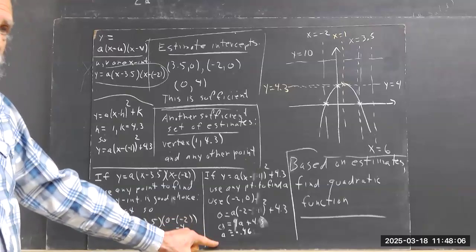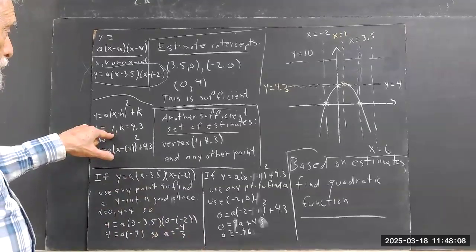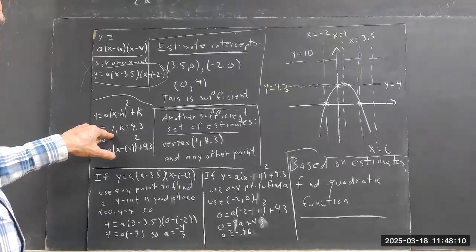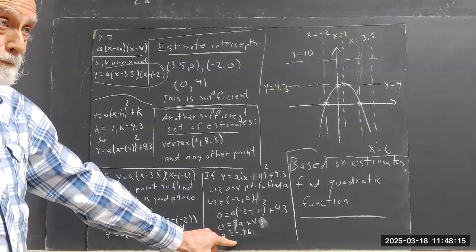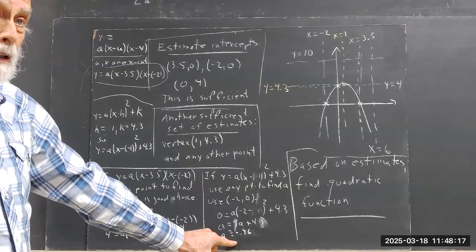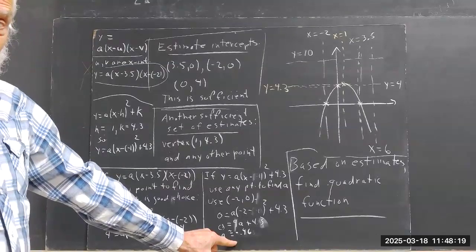So again, I made a little bonehead error here. It caused me to get something that didn't make sense. So I went back and found the error and corrected it.